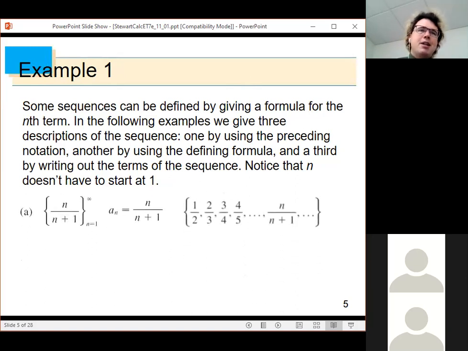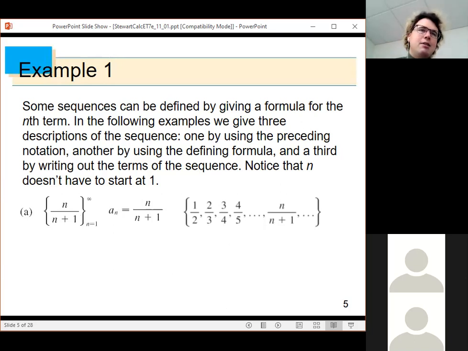So here is a sequence, and I've got three different ways of thinking about it. I can tell you that the formula for the nth term in the sequence is going to be n divided by n plus 1. So every number in this sequence is a rational number.